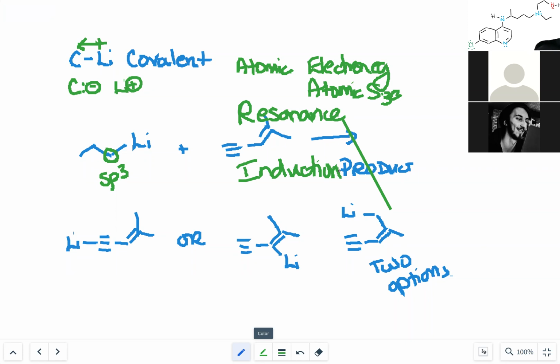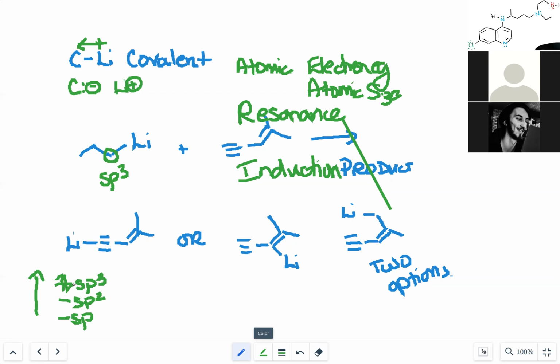If we were to have a little energy diagram here in the corner, sp3 orbitals would be here. As you increase the s character, the energy would be lower and lower. So if you've got a negative charge in an sp3 hybridized orbital, it's higher in energy and more unstable.